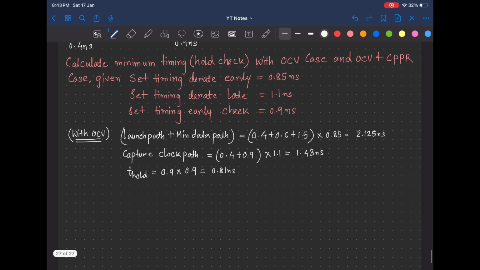So the slack here is the data arrival time minus the data required time, and the data arrival time here is 2.125 minus 1.43 minus 0.81, which comes to minus 0.115 nanosecond.